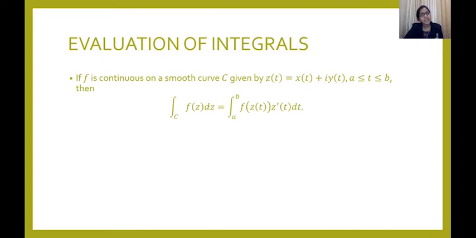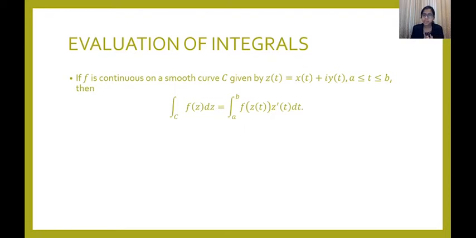Just like in real variables, if y is equal to x square, a parabola, was our curve, we substituted the value of y in the given function and made it a simple line integral. Here also we substitute f of z as f of z of t, and dz would be z dash of t into dt, with t varying.